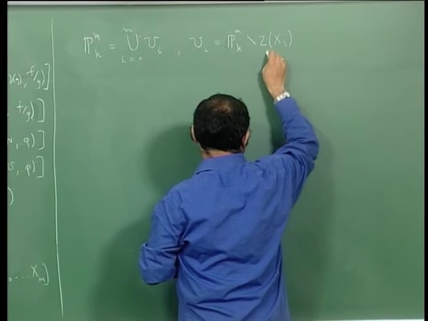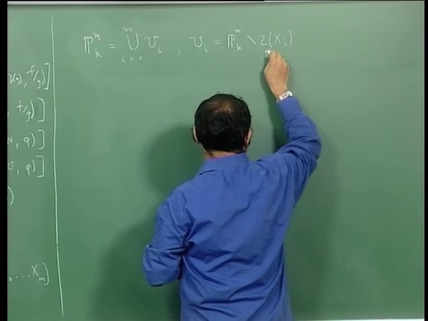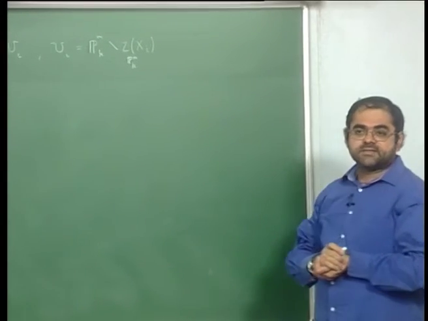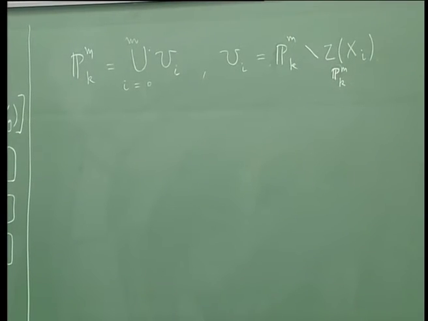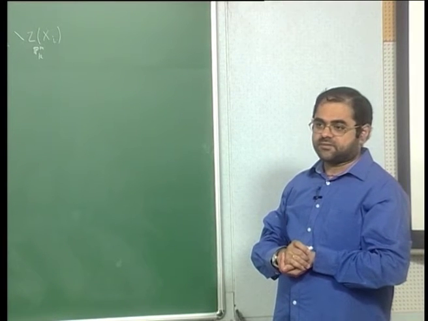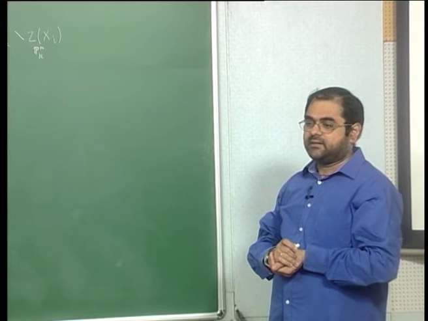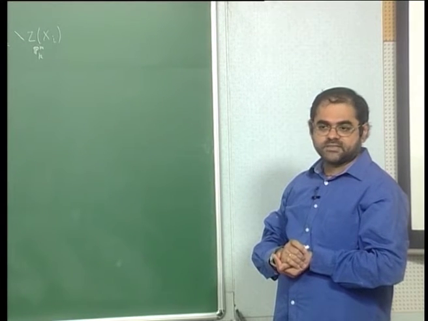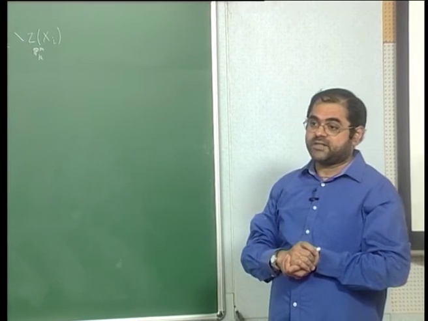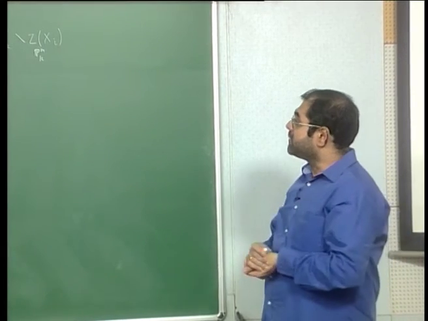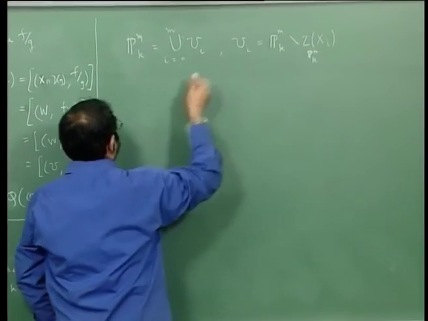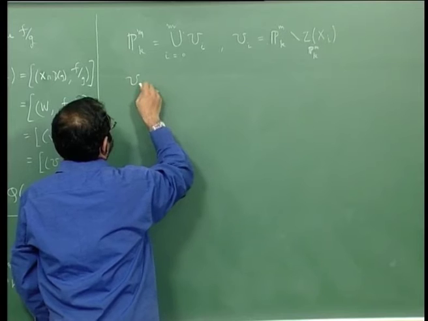This is a projective zero set in P^m. Each x_i is a homogeneous polynomial of degree 1, and its zero set defines a closed subset of projective space. It's called the projective hyperplane defined by the vanishing of x_i, and its complement is this U_i.